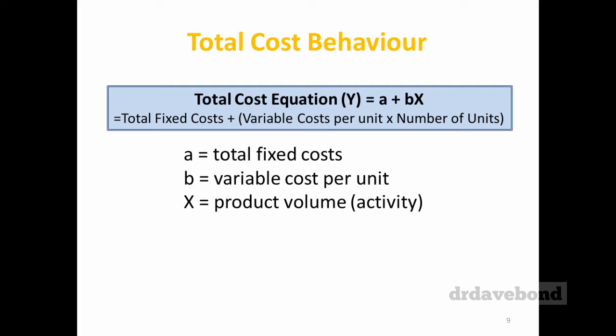So if I'm ignoring tax at this point, if I want to know what my profit is, I need to know, one, what price I sell this thing for. Two, how many I sell. That's the same one over there.